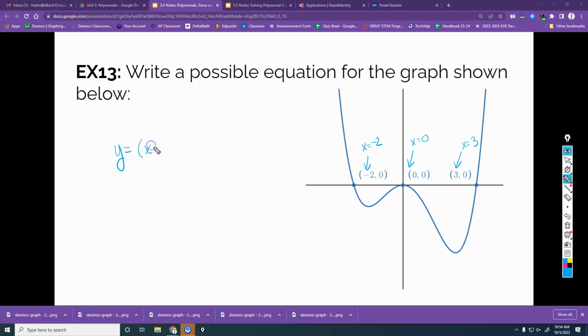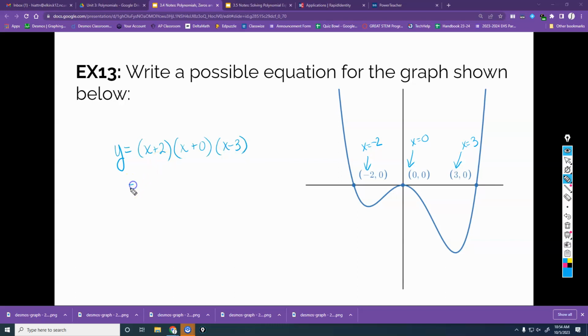We've got to have an x plus 2, right? All right, what about for the x equals 0, Drew? Not x equals 0. The x plus 0 or minus 0, it doesn't matter with 0, right? Yeah, and then the last one, Drew? Nope. X minus 3. Use the opposite sign.